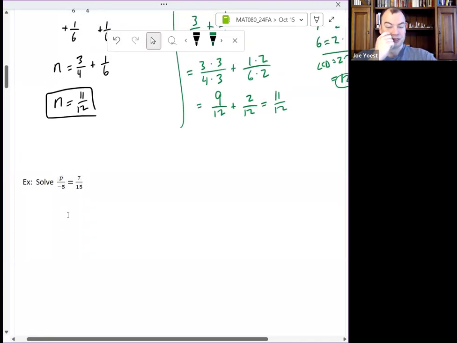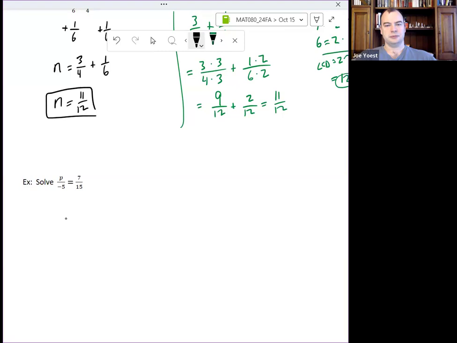Here I have an equation, p divided by -5 equals 7/15. If I have a variable divided by a number and I want to get the variable by itself, I just multiply by that same number, right? I multiply by -5 on the left. I multiply by -5 on the right.